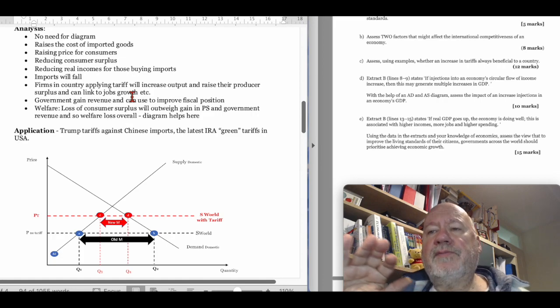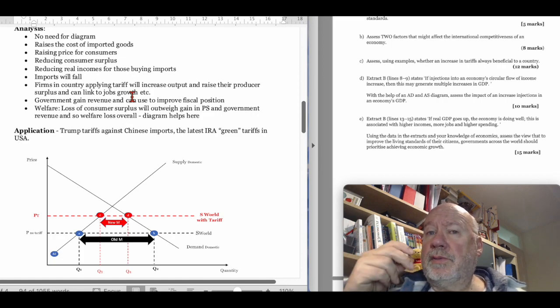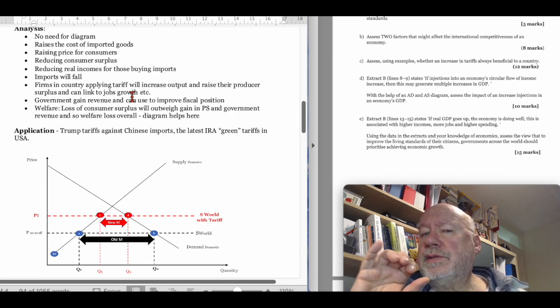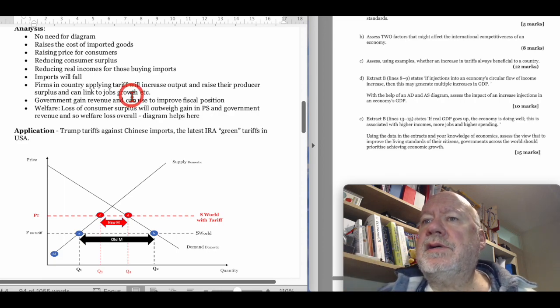You don't want to go on with that one because this is only a 12 marker, so you're making 2 points, and each one is only worth 4 marks, so don't spend a lot of time on it.